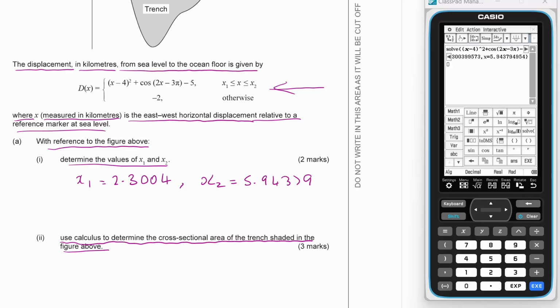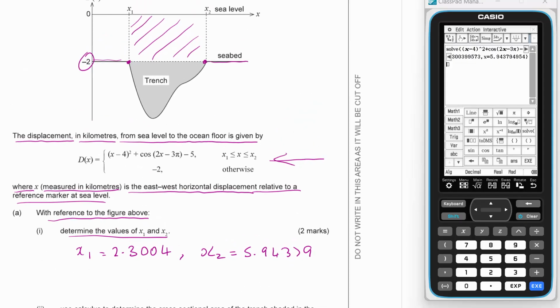So for the whole area there, we would do the integral from 2.3004 to 5.9438, so we're the same number of decimal places there, of x minus 4 squared plus cos 2x minus 3 pi, take away 5 dx, and then we'll take away the rectangle.